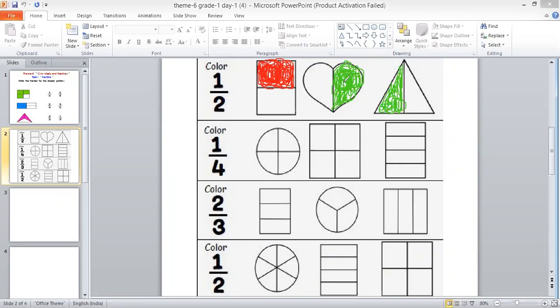Yes, 4 parts. And out of 4, how many should we color? 1 part. Very good. So out of these 4 parts, you will color only 1, because the given fraction is 1 by 4. This means out of 4, you will color only one part of it. That's correct.